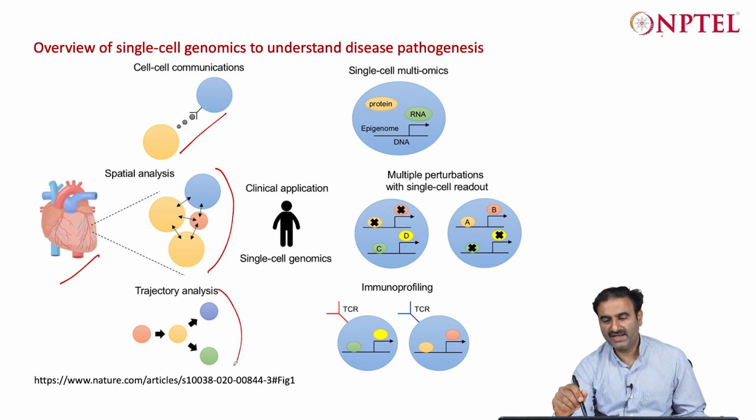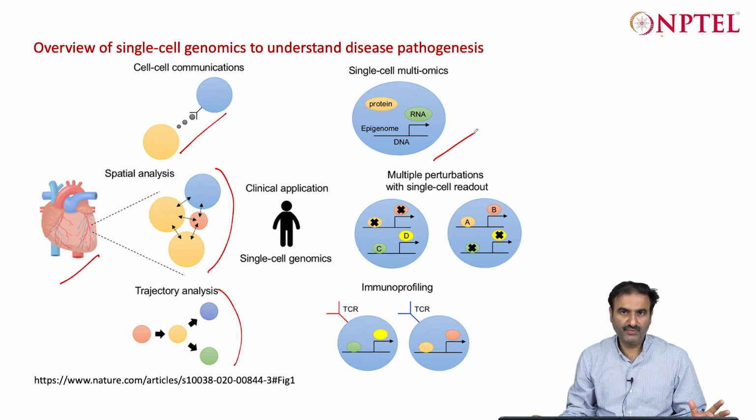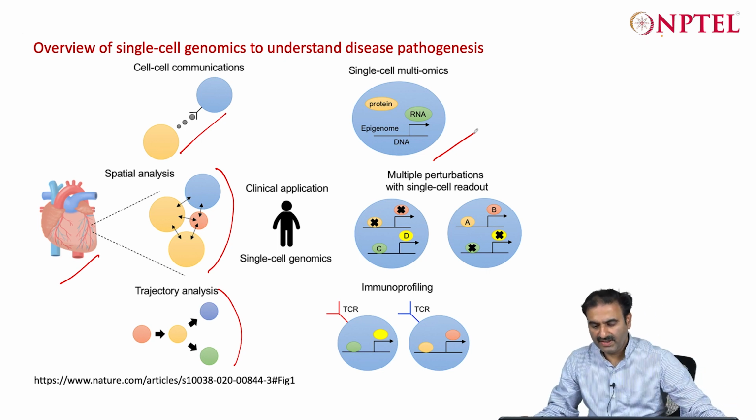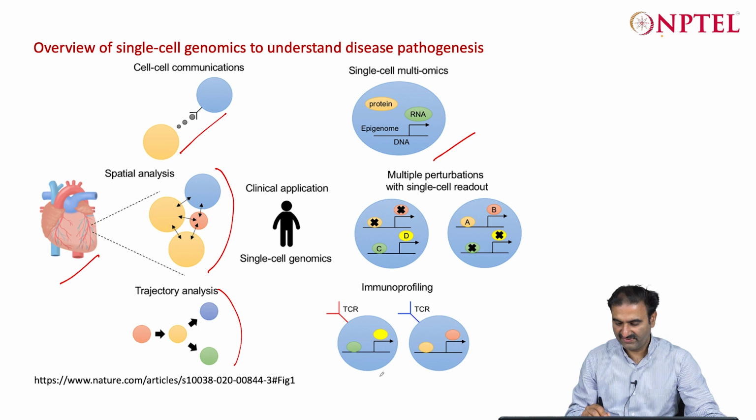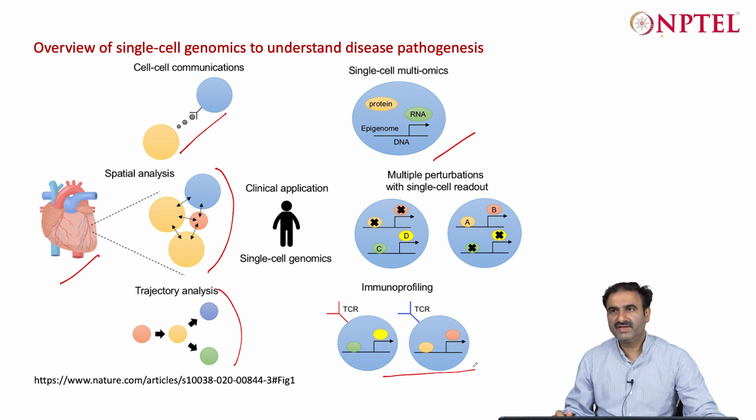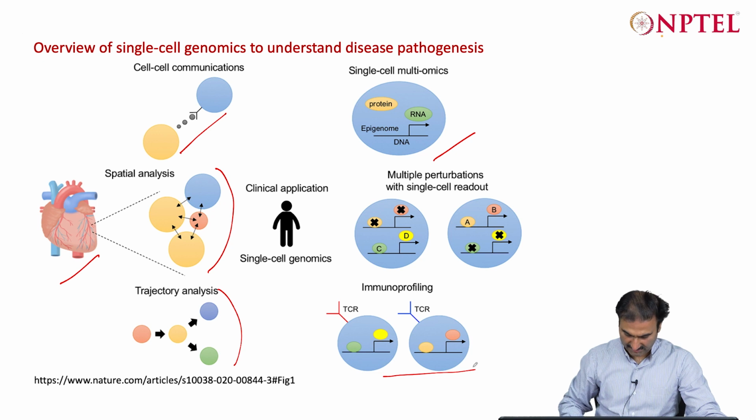Then basically to understand the epigenome, because each and every cell may have different methylation patterns, it will be good to create the methylome for each cell, and then ask the question whether the methylation patterns are different or the same, or that may give rise to differential gene expression also. Okay. Similarly, in the case of immunological responses of cells, which is important, like in this case T cell receptors, where we can see how these cells are responding to the immunological responses.